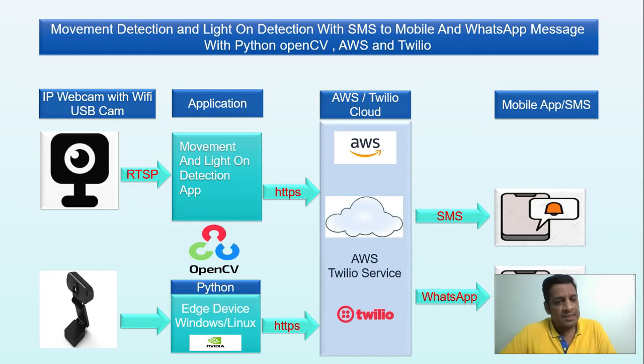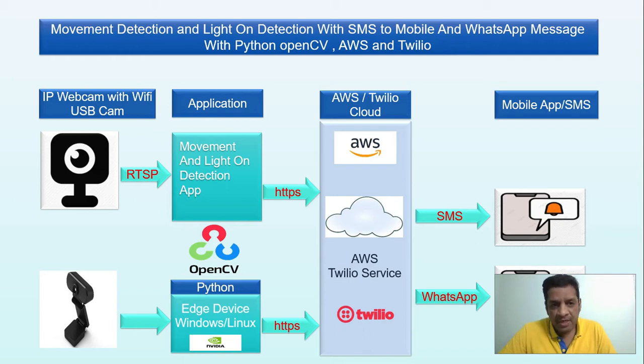The NVIDIA Jetson Nano is a very powerful device which has very good capability to do image processing, so that's the recommended device. But in this tutorial, we are going to use the Windows machine. In a later tutorial, I will be deploying it on the NVIDIA Jetson Nano.